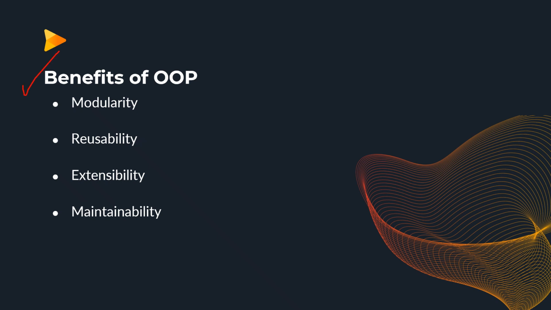Now what are the benefits of OOPS? It provides modularity and reusability, so you can reuse your code. Then extensibility, you can scale using the same type of class, and maintainability, it is easy to maintain your code.